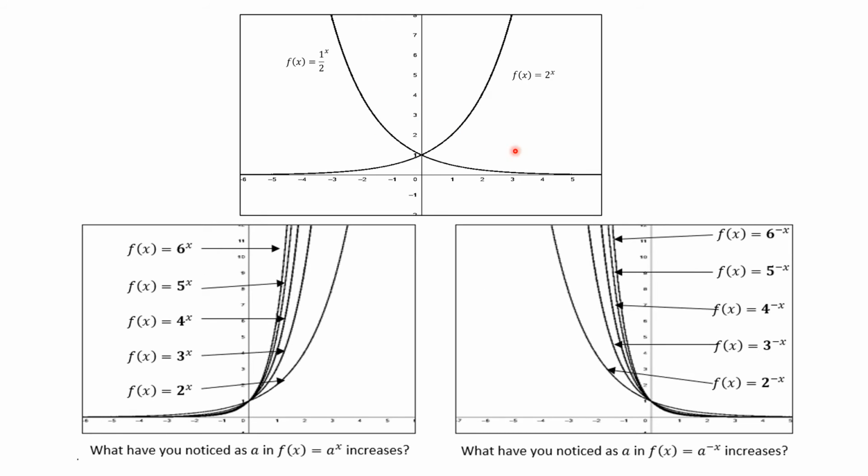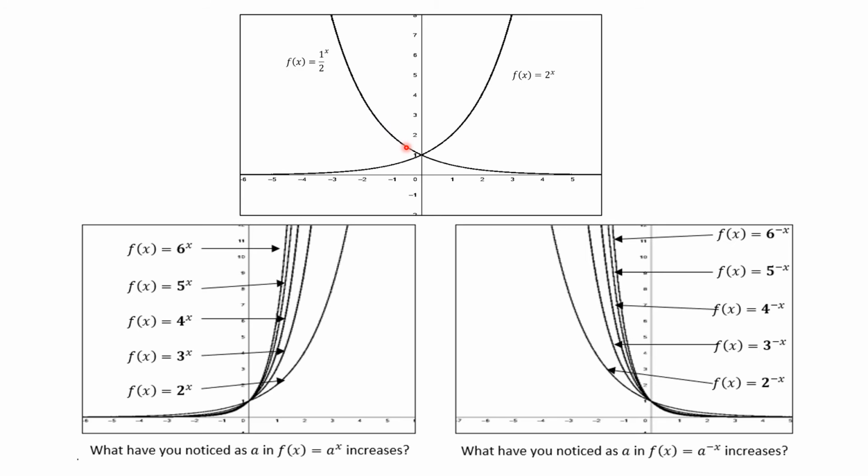Okay, so we have here the graph of our exponential functions. Given our base, which is 1/2, if our exponent increases, for example, the value of x here is negative 3, then it becomes negative 2, then negative 1.